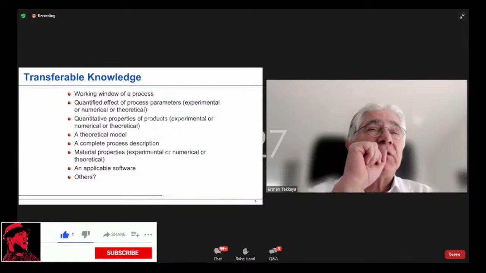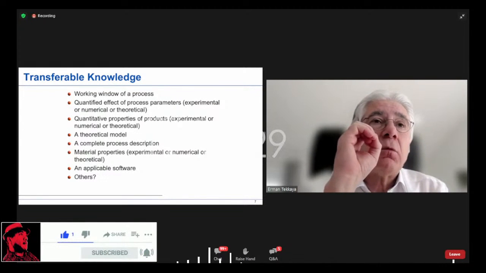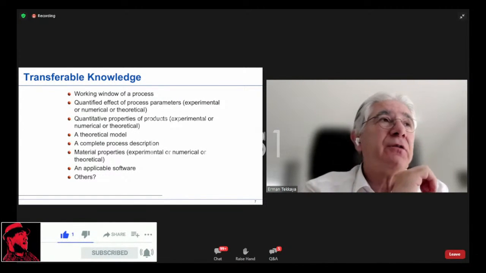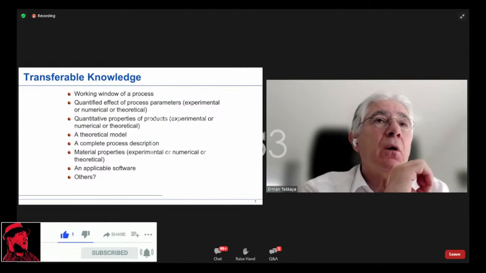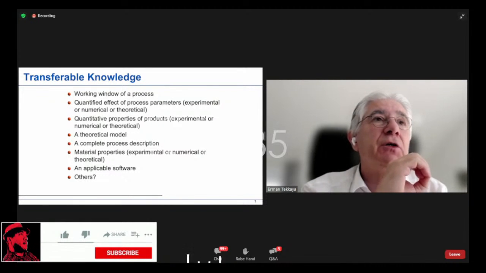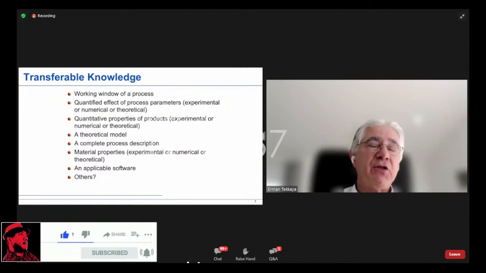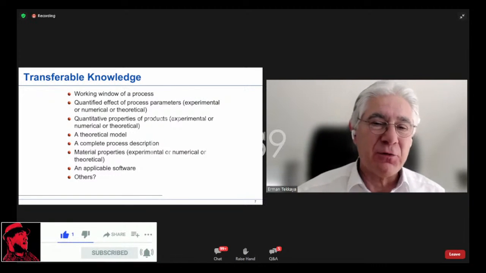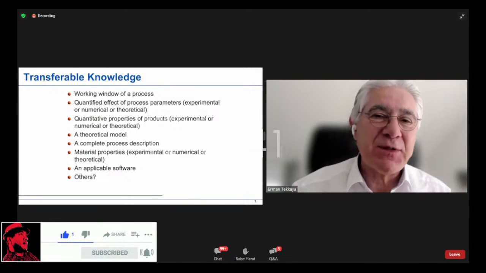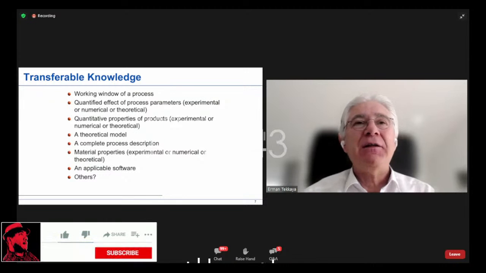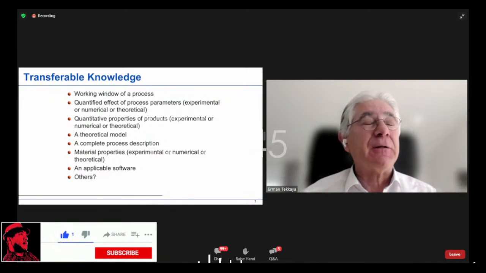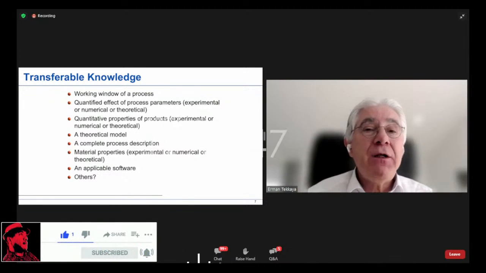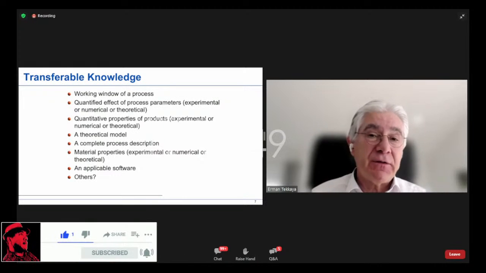The next point is, I said a good work should supply transferable knowledge. What could be transferable knowledge? It could be, for instance, for a manufacturing process. I'm a manufacturing researcher, so most of my examples are coming from manufacturing, but you can extend this to any other field. So it could be a working window for a manufacturing process.